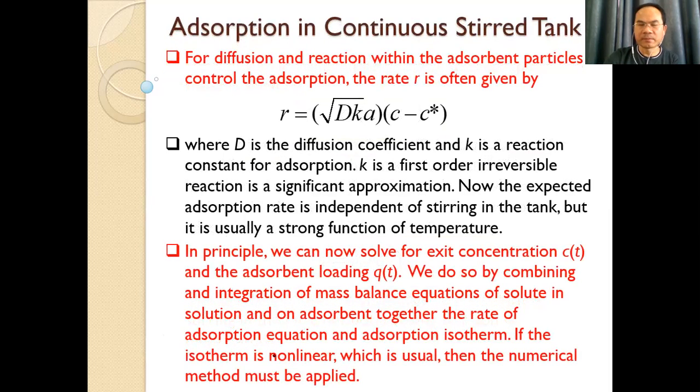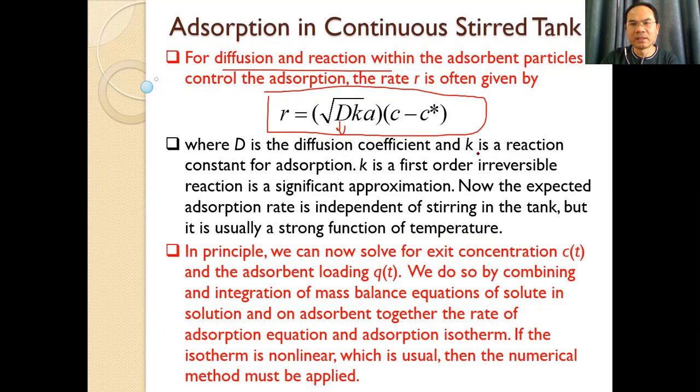If it is diffusion and reaction control, the rate of adsorption may be expressed in this term. It also depends on diffusivity. K is the reaction rate constant. If K is a first order irreversible reaction, that is approximately our assumption.